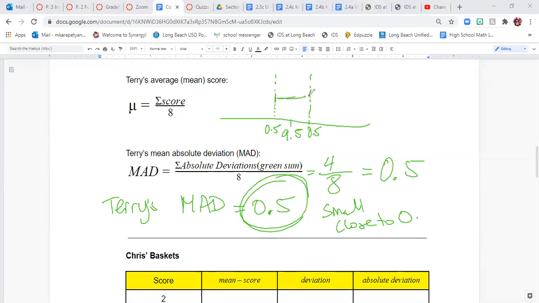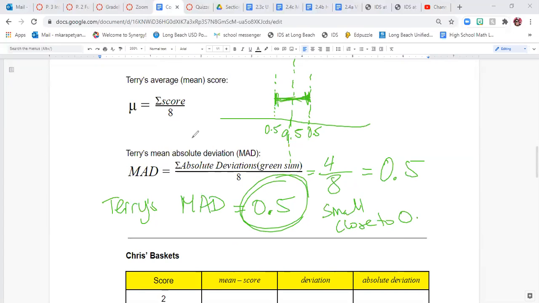So most of the data points fall in this distance from our mean, and our mean is right there in the middle. That's not much of a distance. It's pretty much saying most of your data points for Terry are right around the mean. They're centered around the mean, AKA they're consistent around the mean.